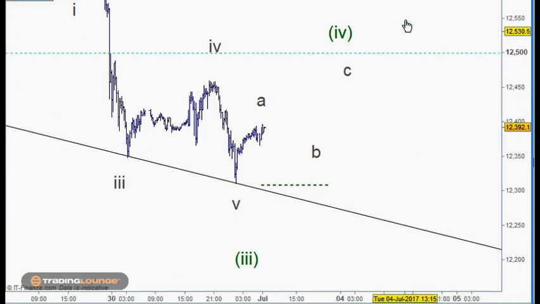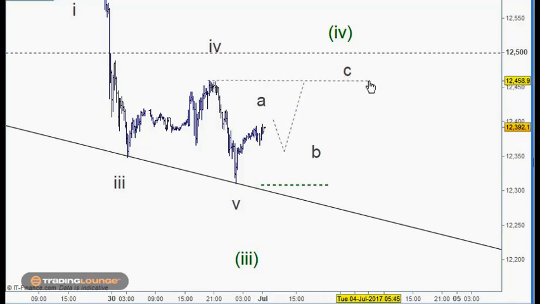This would be the A wave. The B wave can move back 50 or 60%, and then wave C up here is going to struggle at this old high. But if the market's really strong or news driven, then it may even retest the 12.5 there. That's something we need to be mindful of.